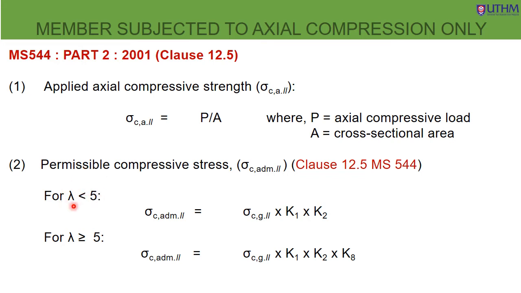First is where our lambda is less than 5, we multiply grade compressive stress with K1 and K2. Inclusion of modification factor K8 is applied if our lambda is more than or equal to 5.